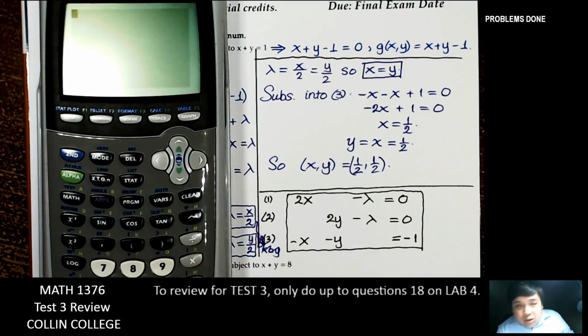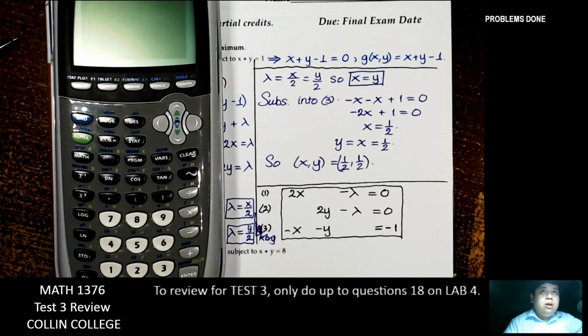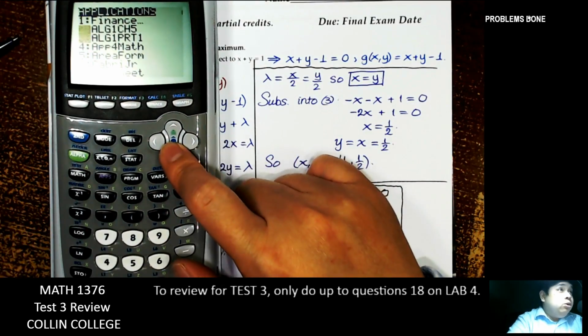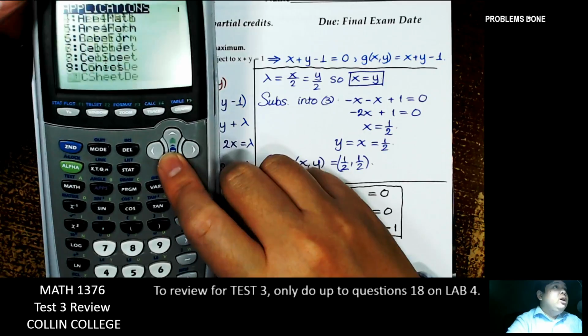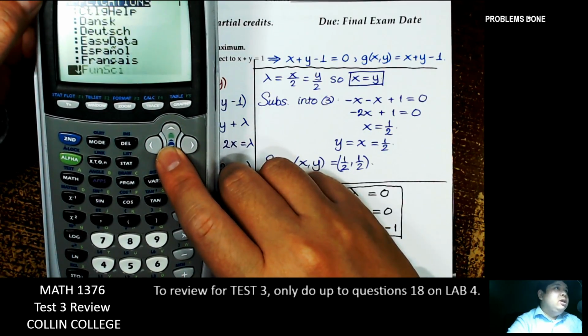I need to zoom out here. Right. So we're going to hit the app key and go to that app. We can also use the matrix and do reduce row echelon form, but I'm going to do both.